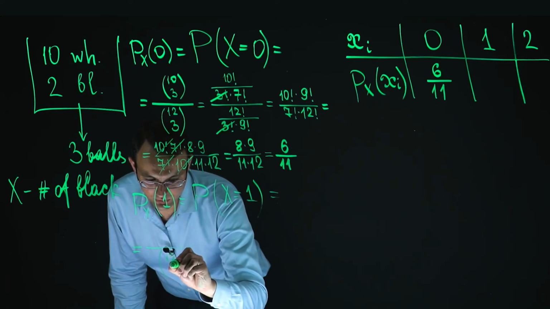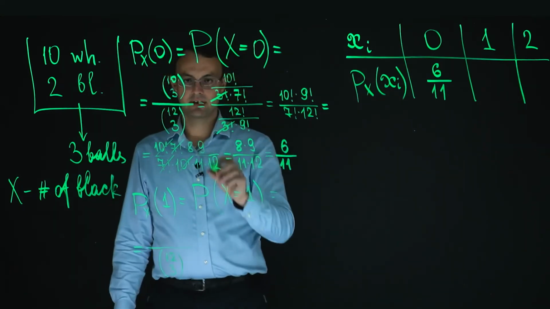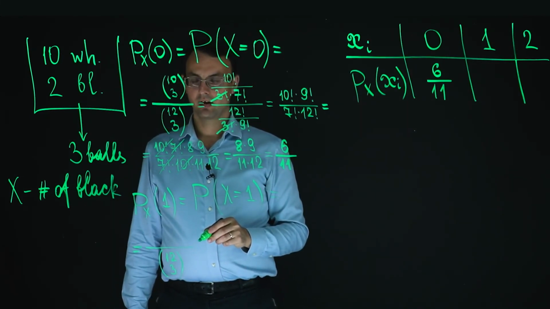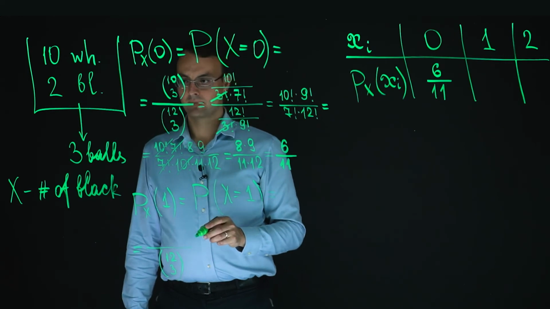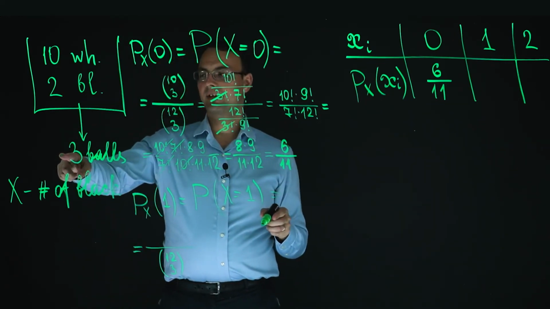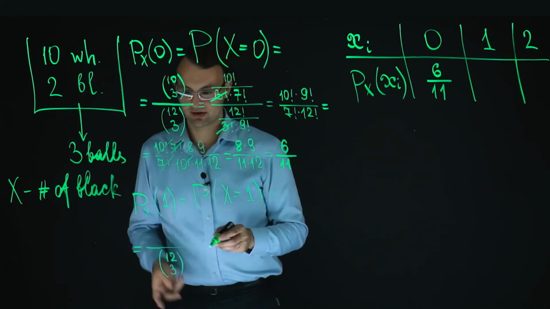So 12 choose 3. And in the numerator, I need one of these 3 balls to be black and 2 others to be white.